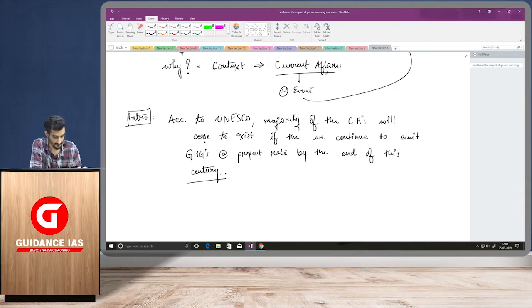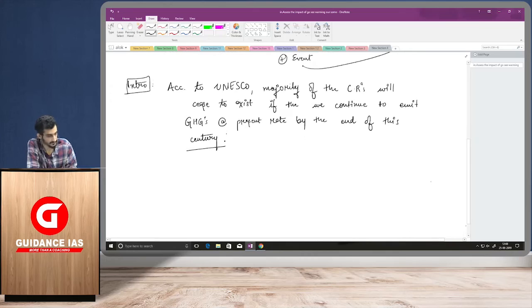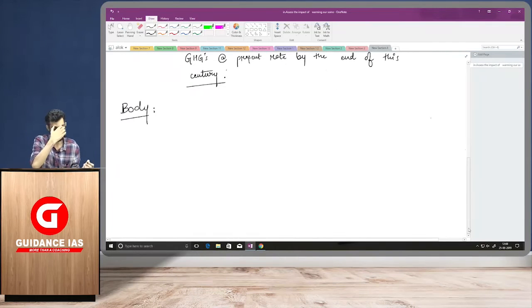So talking further, if we come to the body of this question, it is a 10 marker. So in the body, we can directly link the main theme, which we have already seen, towards the impacts on coral reef.